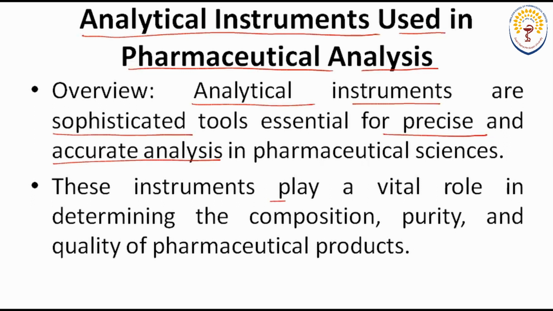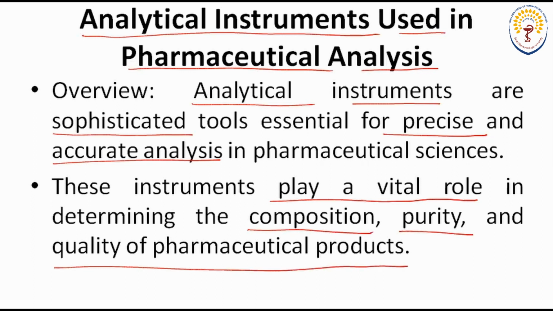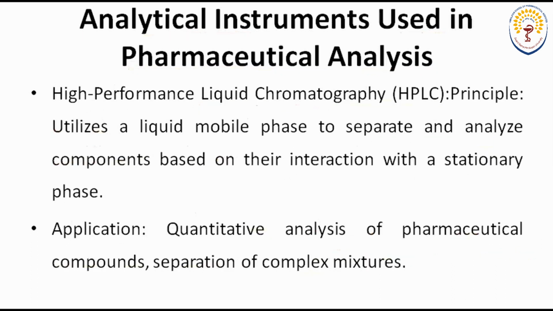So obviously they play a vital role, and they help us to determine the composition, the purity and the quality of pharmaceutical products. And there is one more important thing, that they do it in a shorter time period. They use less time to perform their process.